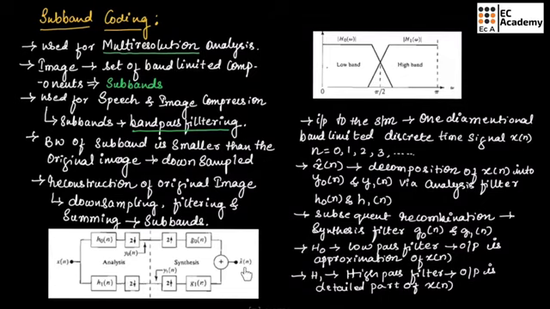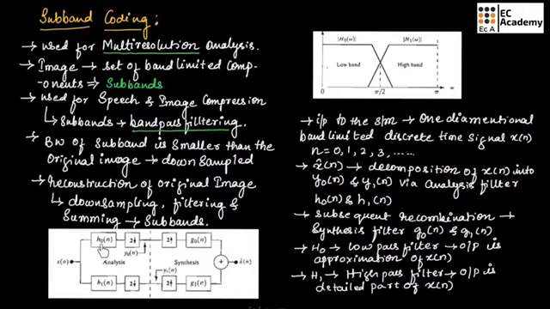The output sequence x cap of n is formed through decomposition of x of n into y0 of n and y1 of n using analysis filters h0 of n and h1 of n and synthesis filters g0 of n and g1 of n.